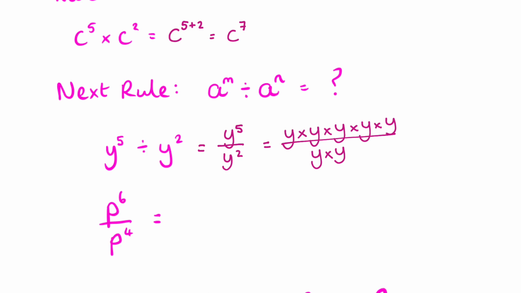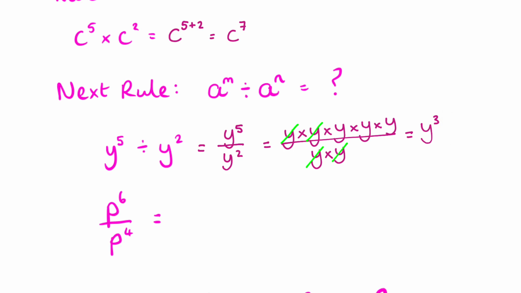So basically what we can do there is we can cancel that y with that y and that y with that y, and what that leaves us with is y times y times y on the top, which is y cubed.